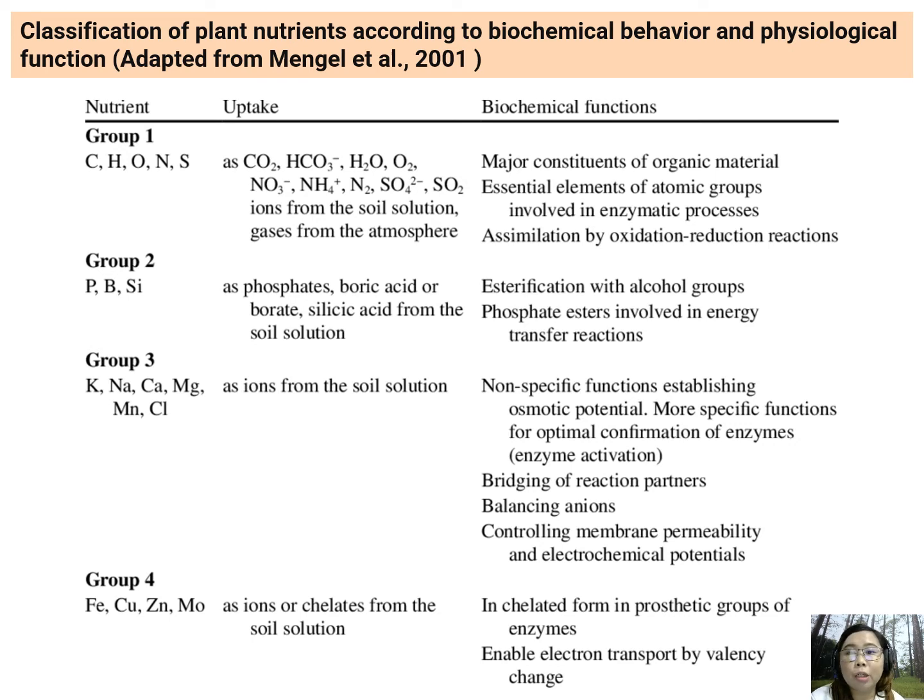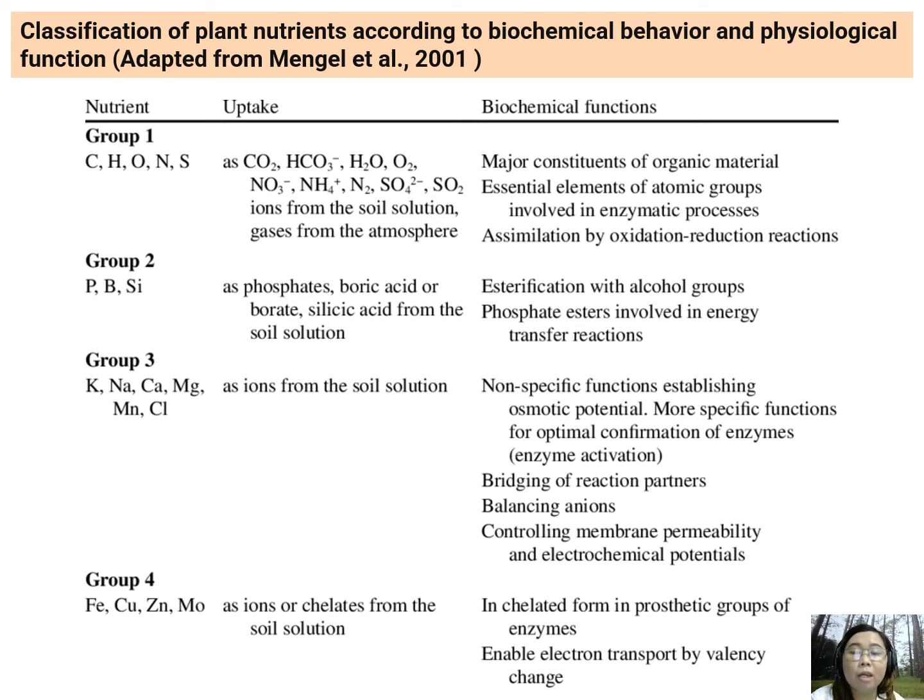The assimilation of all these nutrients by plants is closely linked with oxidation-reduction reactions. Now for the second group, phosphorus, boron, and silicon constitute the second group of elements with close similarities in biochemical behavior.